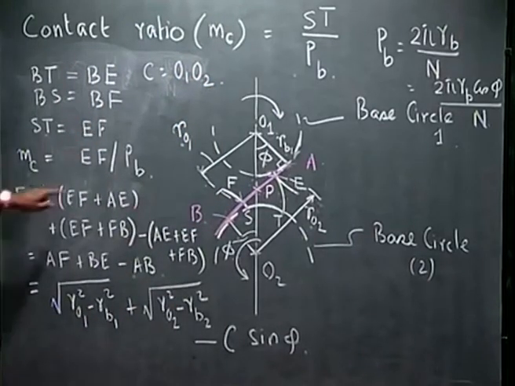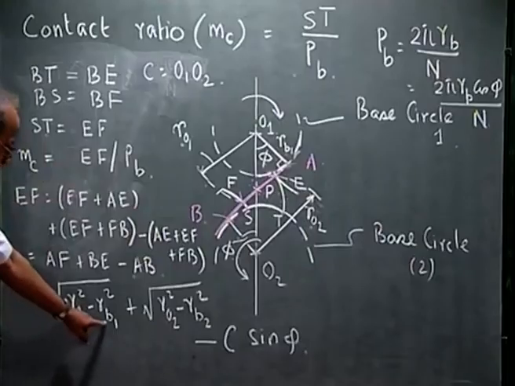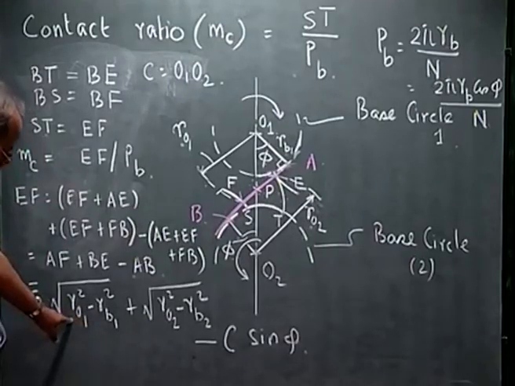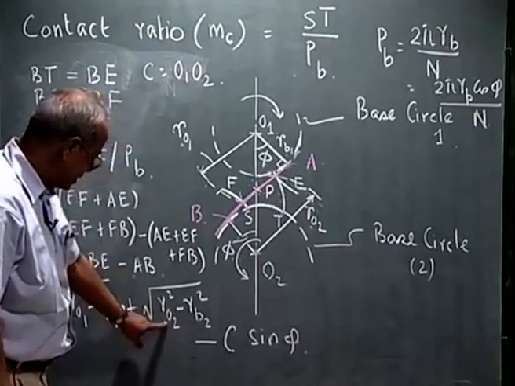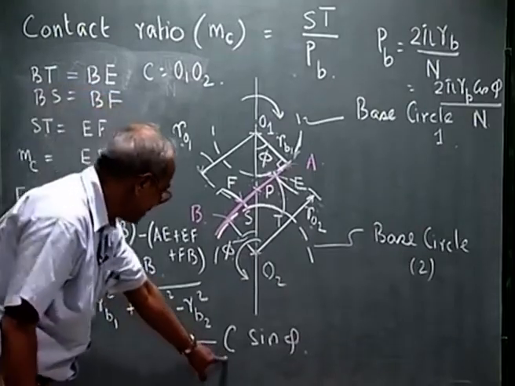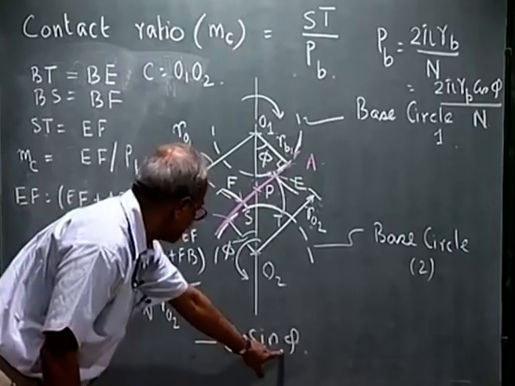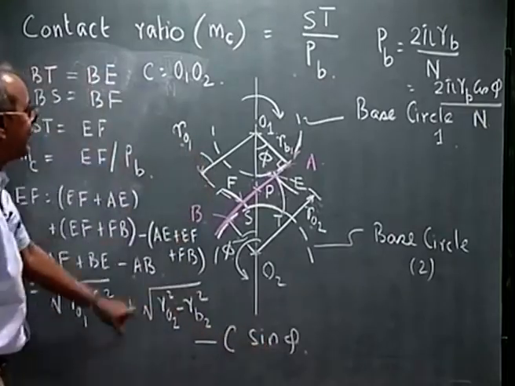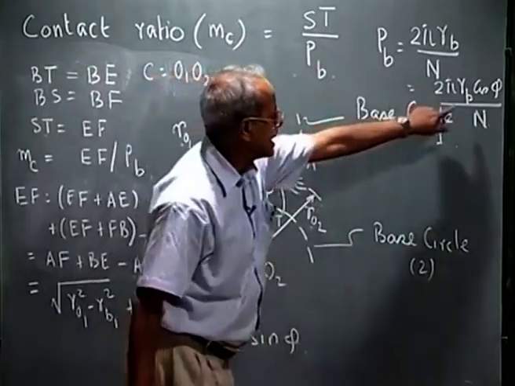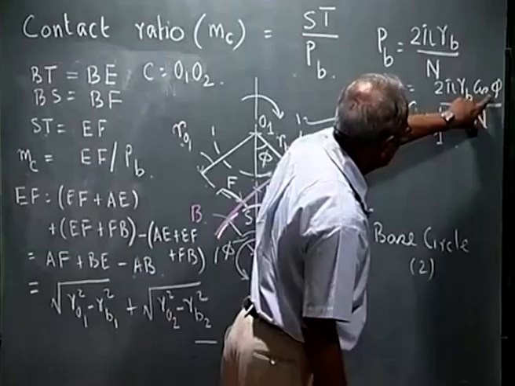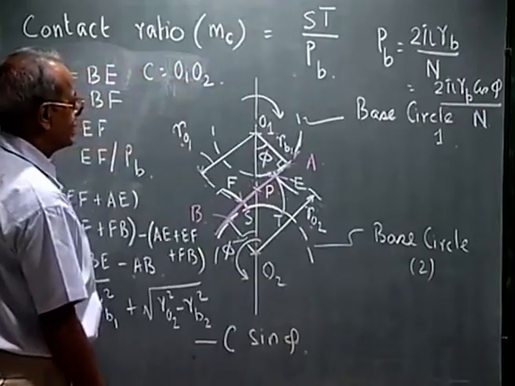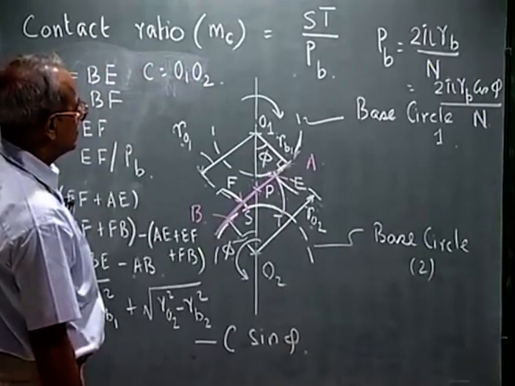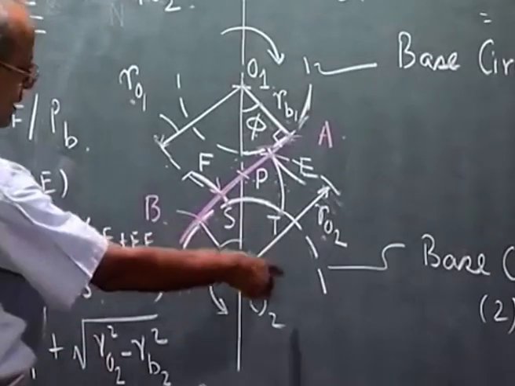So, I get EF in terms of the base circle radius and the outer circle radius, the addendum circle radius, of both the gears, the center distance between the gears, and the operating pressure angle. And this is divided by PB, which again I express in terms of operating pressure angle, number of teeth, and the pitch circle radius. This I should have taken for the second gear.